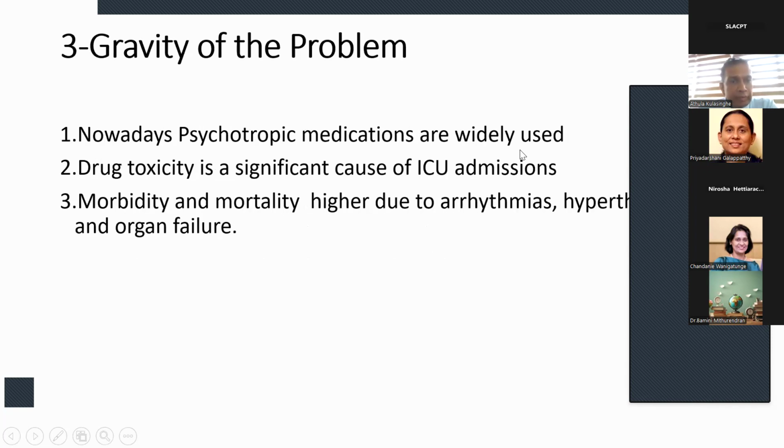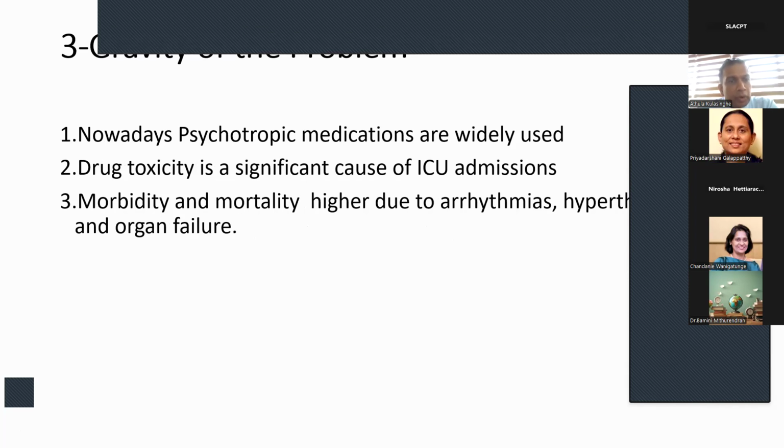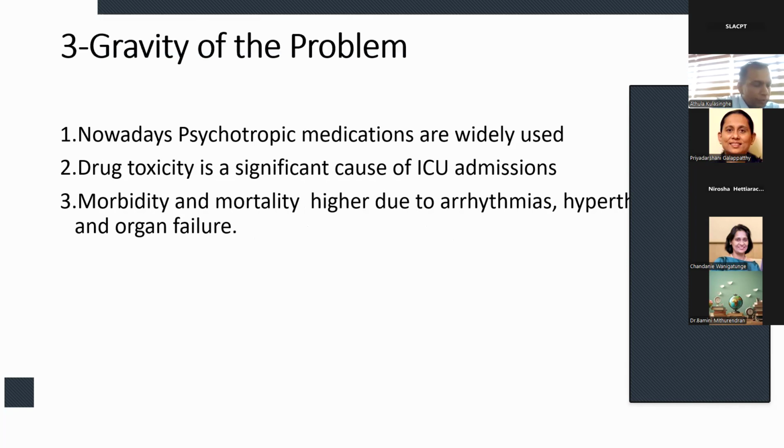Regarding the gravity of the problem, nowadays psychotropic medications are very widely used. This is because of the aging process of our population, who are having more and more psychiatric illnesses.